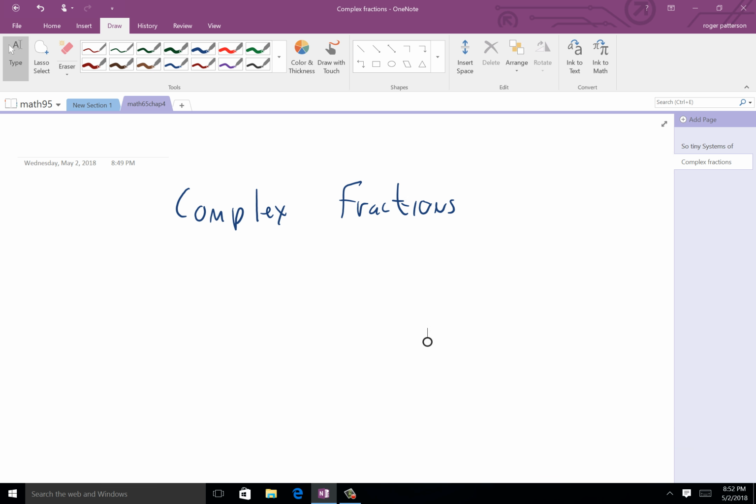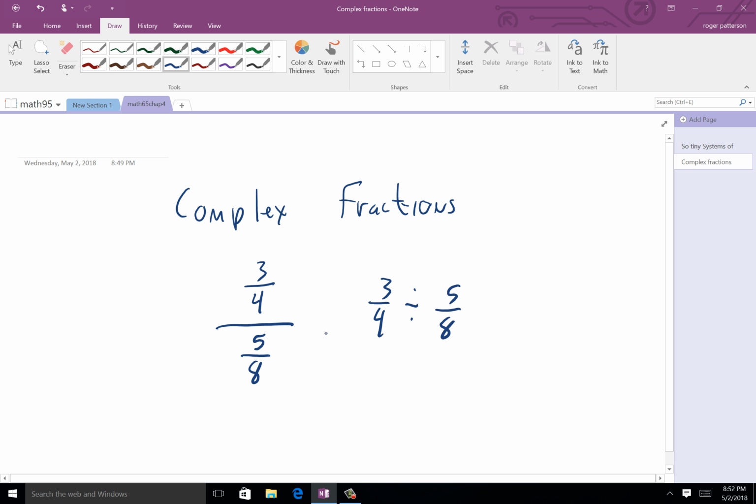Basically a complex fraction is just a couple of fractions being divided. If we have something like this, that's a complex fraction. We're just taking 3/4 and dividing by 5/8. I'm going to write this out, that's what it means. When we have the bar here, that's division. And we know that when we divide fractions, we flip and multiply.